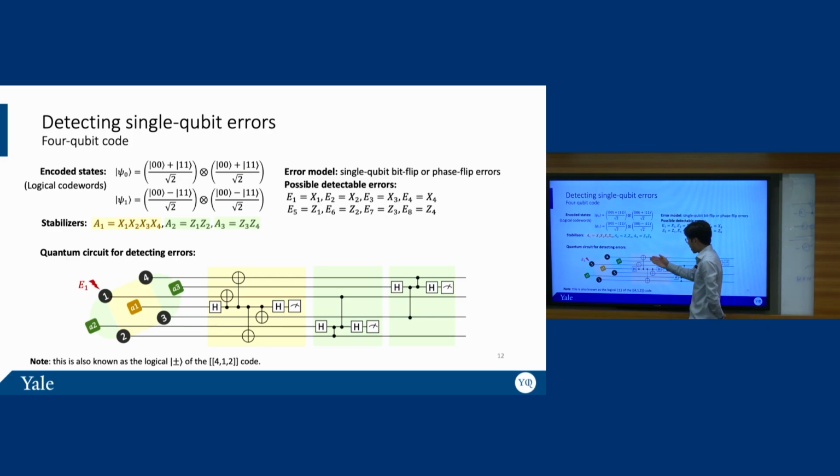Now going back to our warm-up exercise, you can identify what errors can be flagged by the measurement results of my ancilla qubits. Because of the special symmetry and structure of the circuit, we can actually detect any single qubit X or Z flips on the 4 qubits.